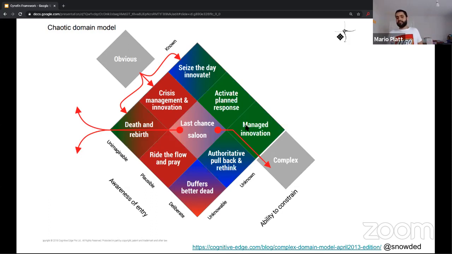If things deteriorate further into the unimaginable, we're into full crisis management in innovation, where only a select group of 1, 2, or 3 individuals should be making any decisions, and no delegation is allowed, because this is potentially life ending, or career ending, or business ending. So the decision maker needs to tightly control this.